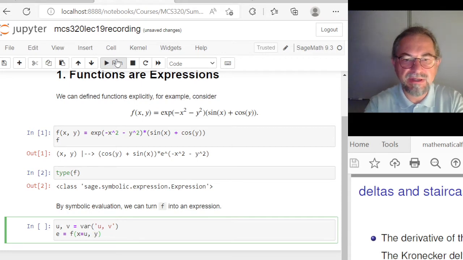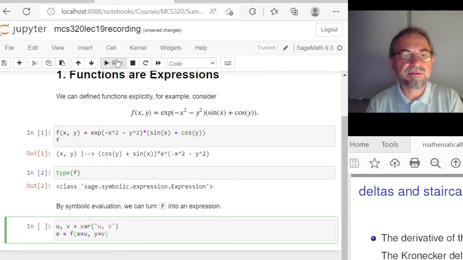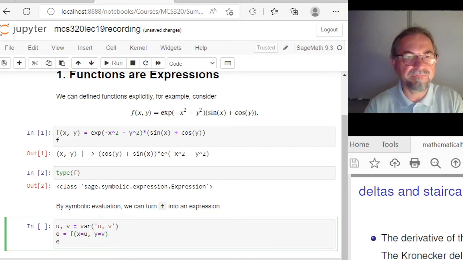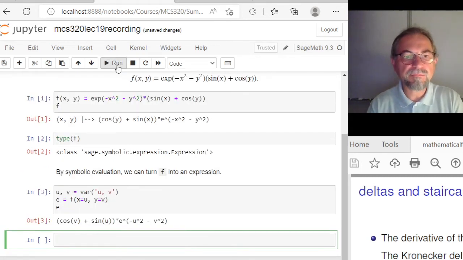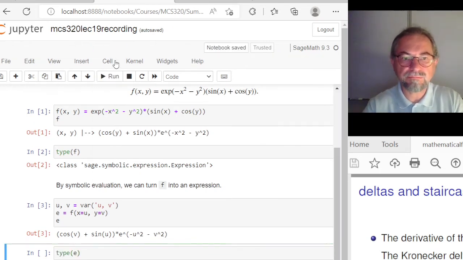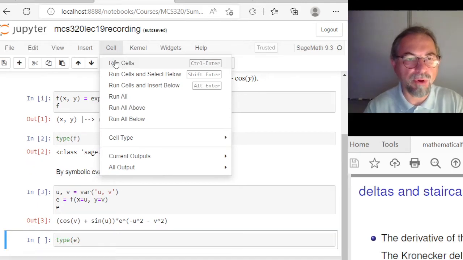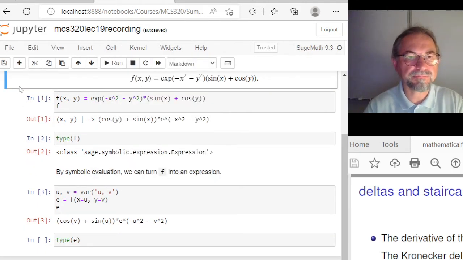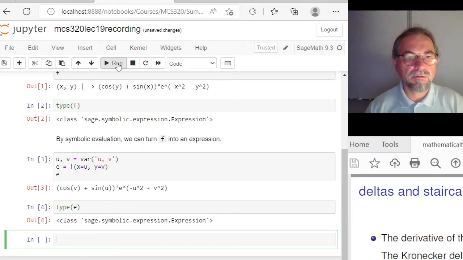I'm replacing x by u and y by v, and you see that now I have a symbolic expression. So the e and the f are almost indistinguishable.